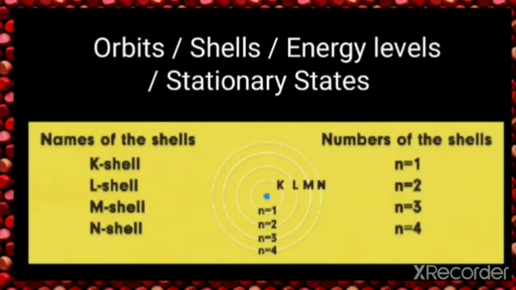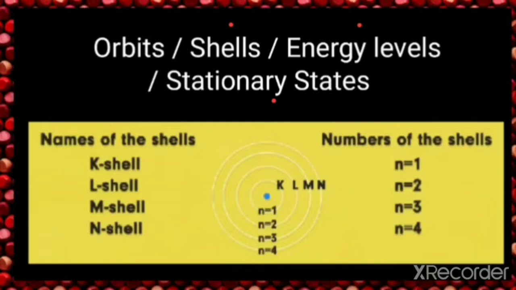From this we can conclude that orbits, which can also be called shells, can also be called energy levels because each orbit is associated with definite energy. Therefore, it is also called an energy level, and it is also called a stationary state. So whenever we use the word energy level, it relates to orbits. Whenever we use the word stationary states, it relates to orbits.